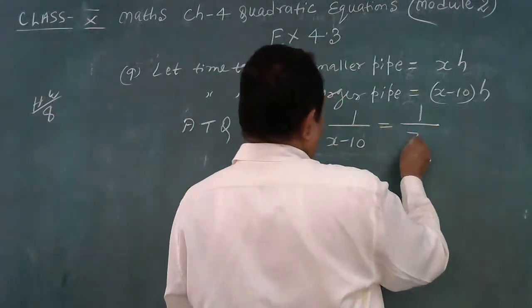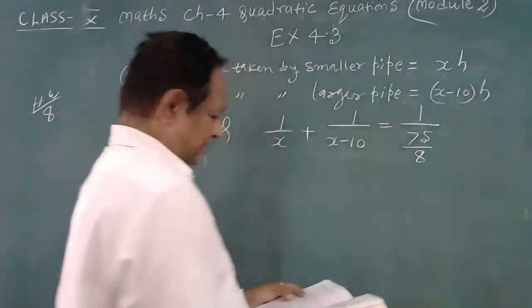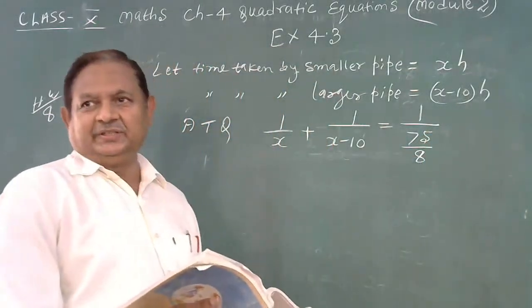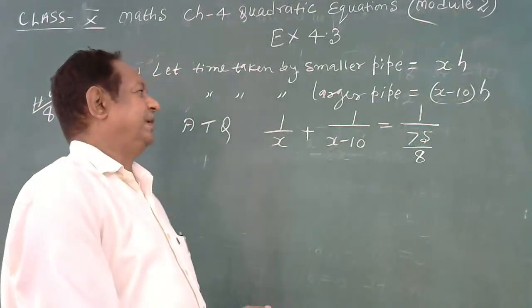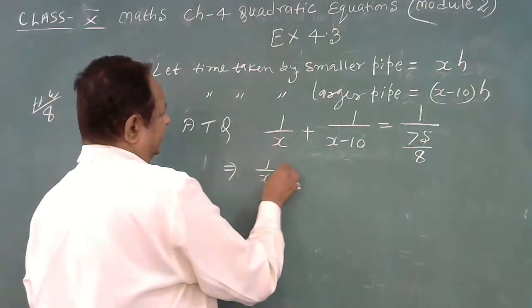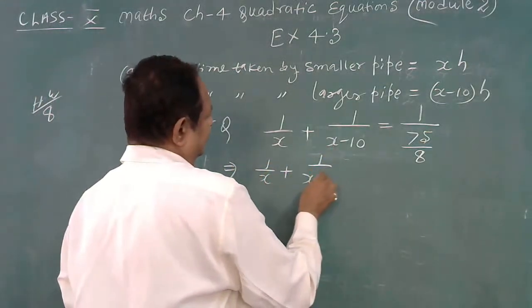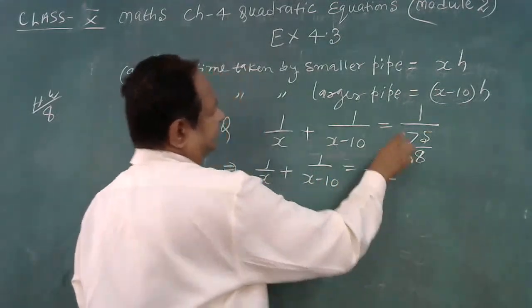Changing this mixed number into a fraction, 75 by 8. This implies that 1 by x plus 1 upon x minus 10 is equal to 8 by 75.